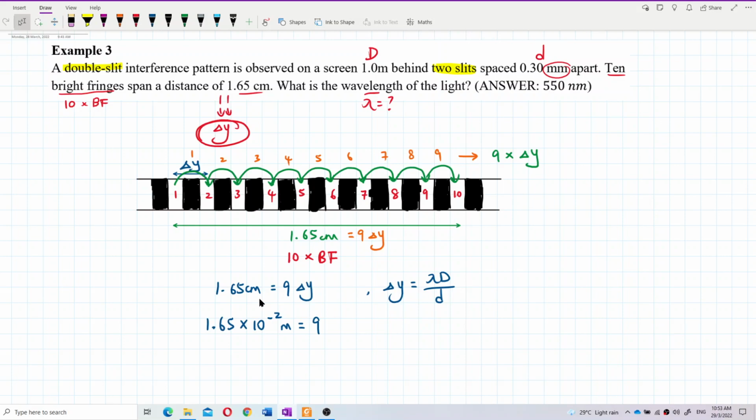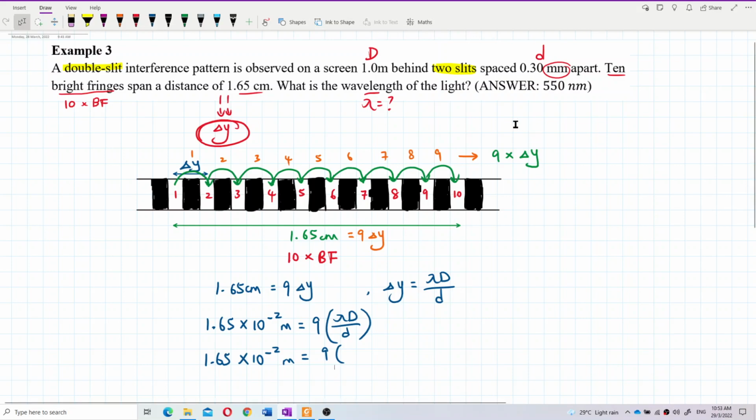So 1.65 exponent negative 2 meter equals 9 times lambda over... we need to find lambda. The distance is 1 meter away. And the separation between the two slits is 0.3 millimeter.